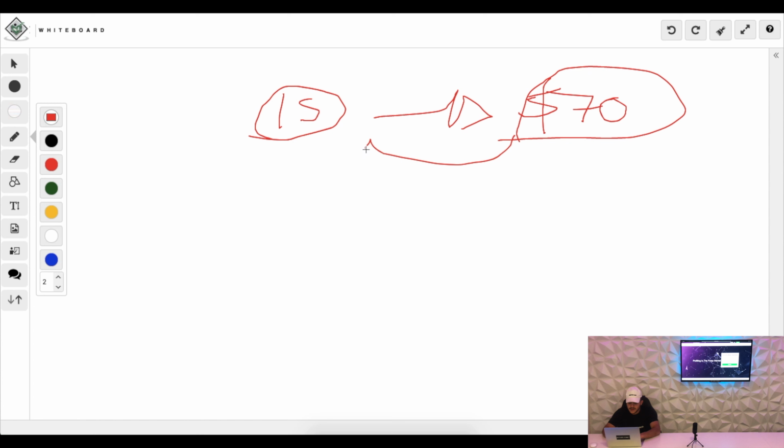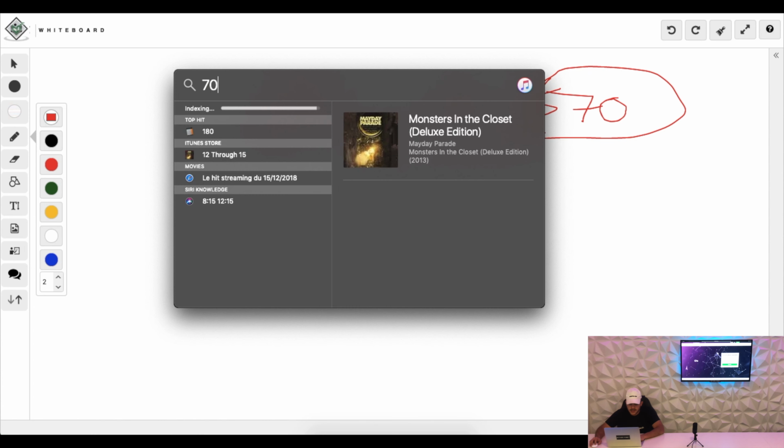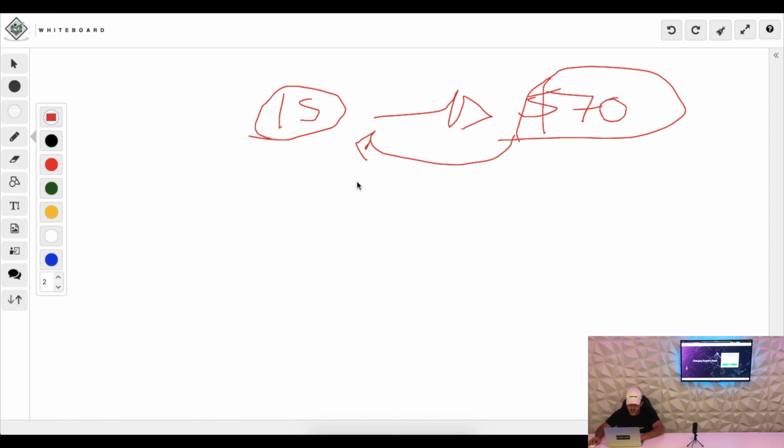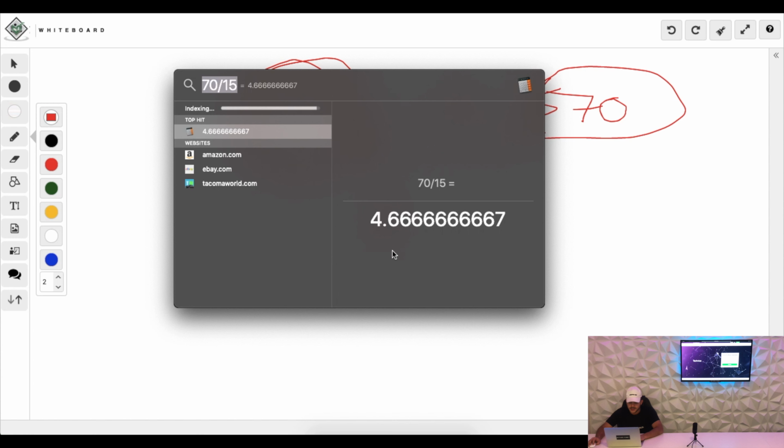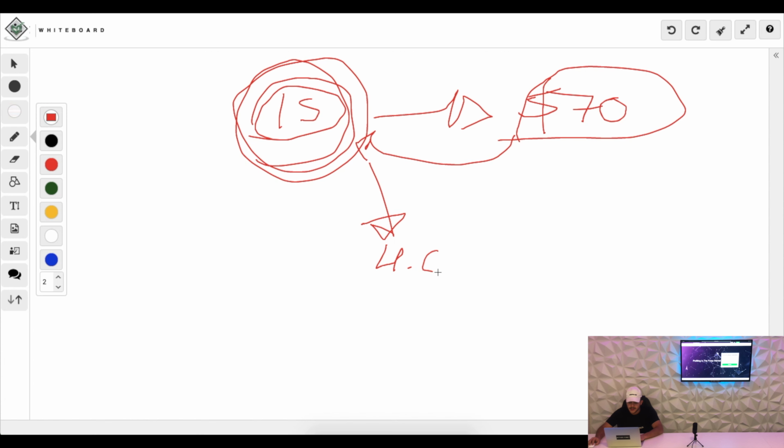You take 70, divide by 15, and then you get your lot size. So you should trade this potential trade that has 15 pips of stop loss with $4.60 per pip. That will get you a lot size of 0.46.